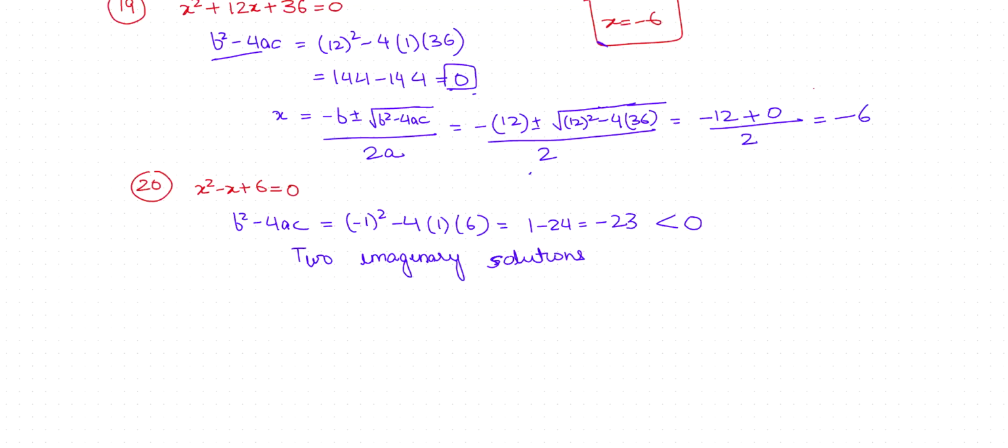So let's put this in the formula: minus b plus minus root of b square minus 4ac over 2a.